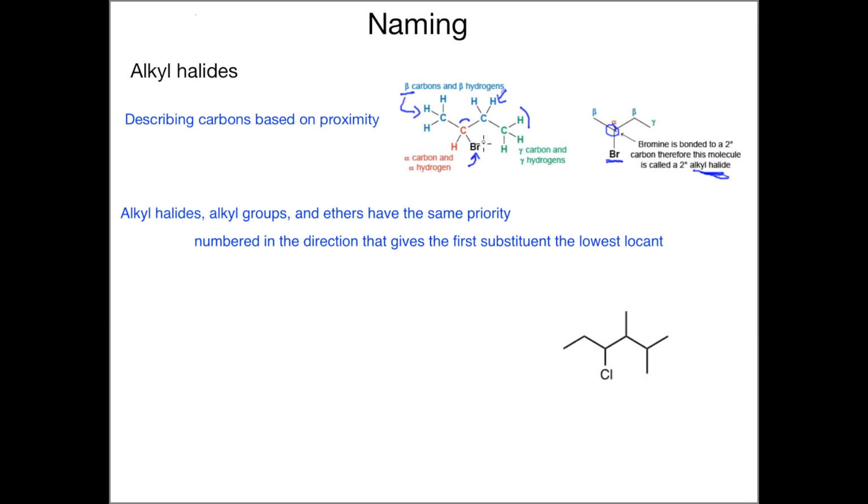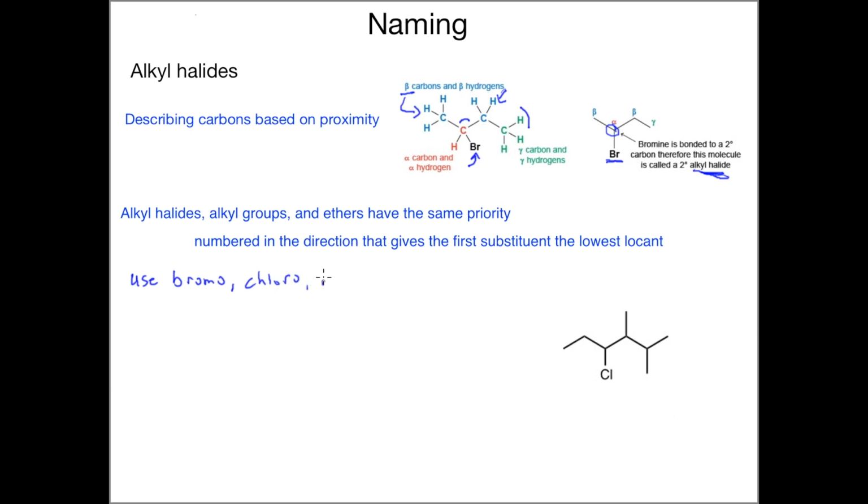And then we can go even further out, to our gamma carbon, which is 3 away. So first, make sure that you recognize what the halogen is attached to so that you can begin to classify halogens in a broader sense, as far as this would be a secondary alkyl halide. If it was attached to a tertiary carbon, it would be what we call a tertiary alkyl halide.